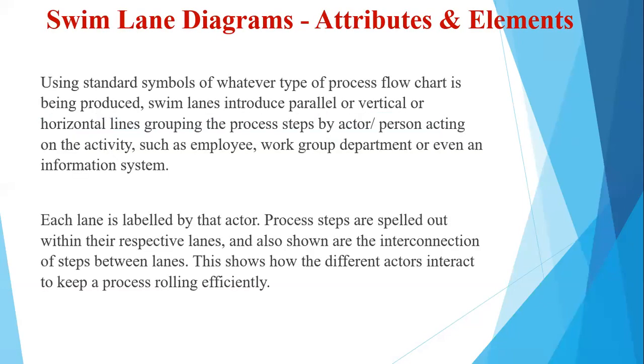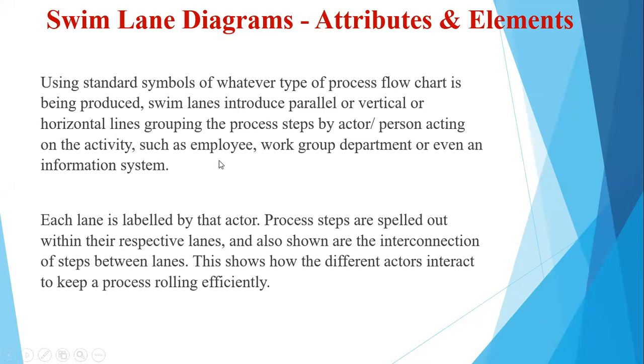So now with this, that's where we look into the elements of the swim lane diagram. Each lane, we saw, was labeled by an actor. What we mean by the actor over here is a person who is actually acting on a particular activity.